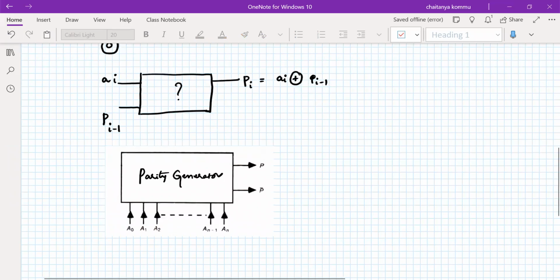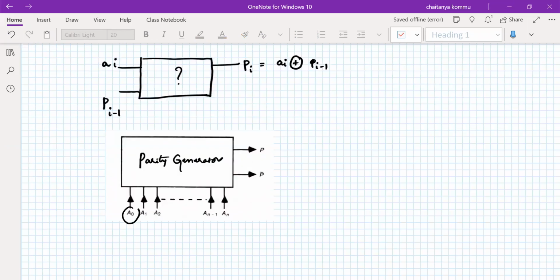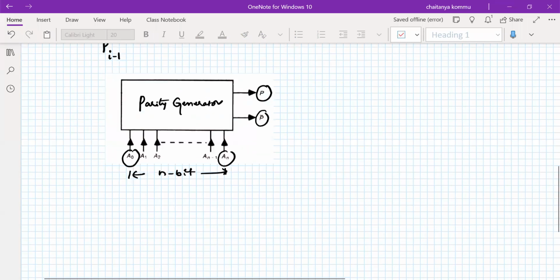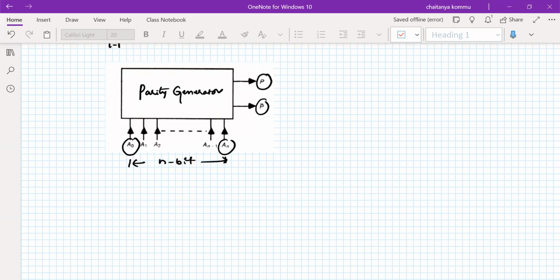So for this particular number, we start from A0 to An. So n number of bits are there. For example, n bit information. Okay, so we want to calculate the P. Sometimes if you want to calculate P bar also can be possible. Doesn't matter, complement of the previous one only. So therefore, what is the structure design here is that I have to take a bit by bit generation.